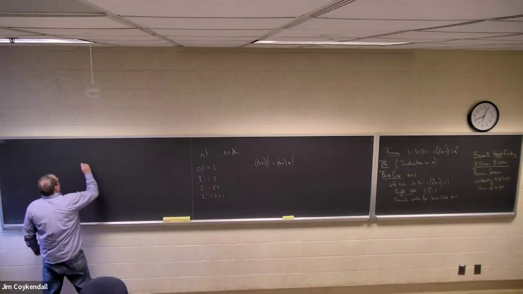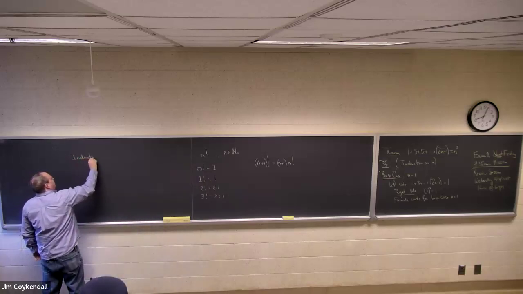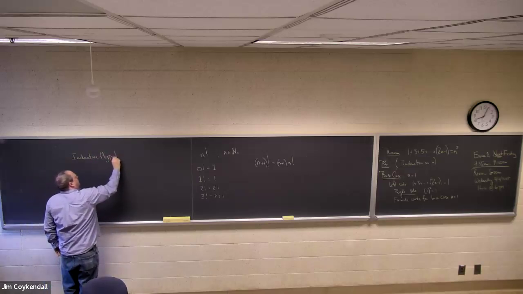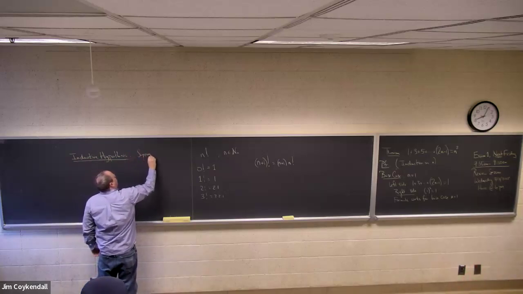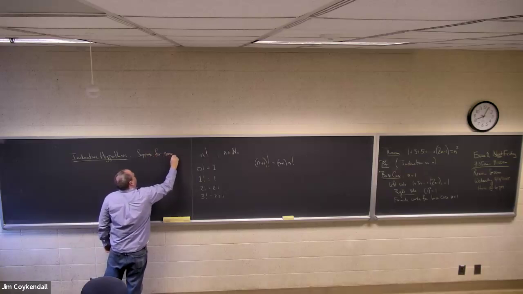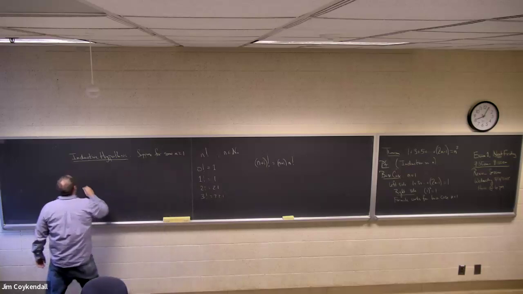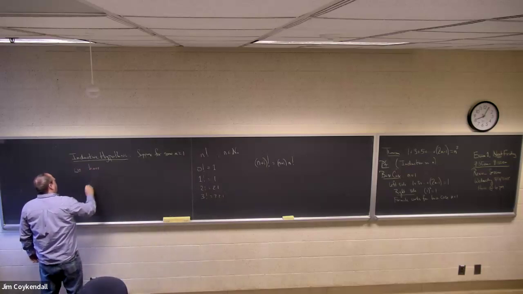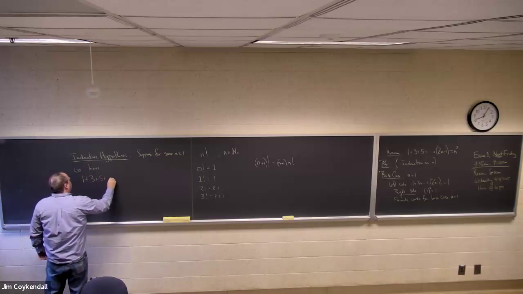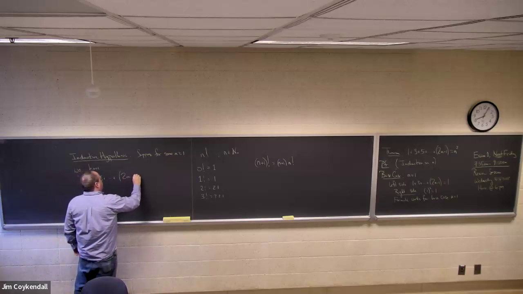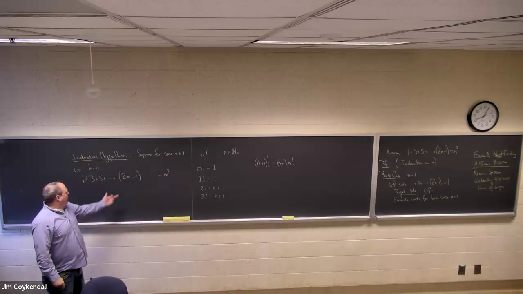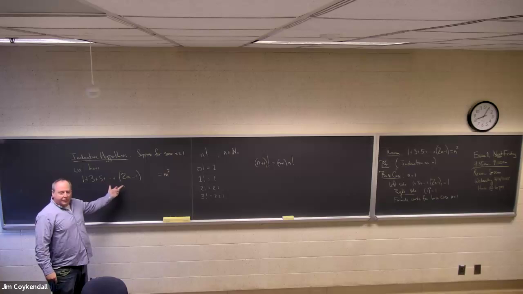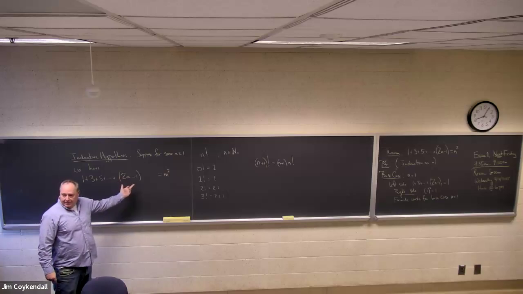So suppose for some m greater than or equal to 1, we have 1 plus 3 plus 5 up to 2m minus 1 is equal to m squared. We've already shown that we do have it for m equals 1.